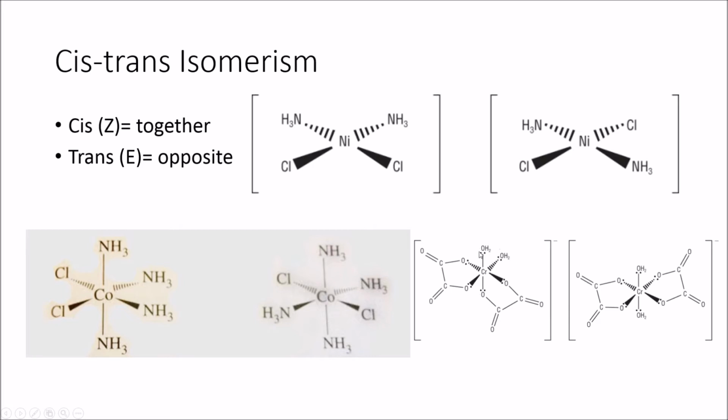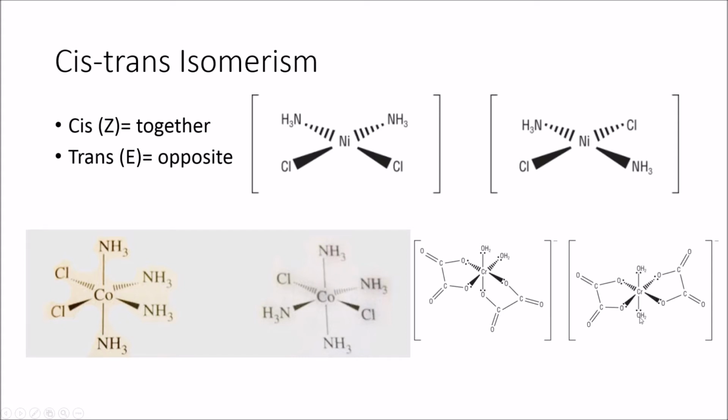Here we have our two H2O ligands together, so it's cis, and here we have them opposite. We have an O here and an O here, and an O here and an O here. They are together. Here we can see our Os are opposite, and our H2Os are also opposite, so this must be trans.